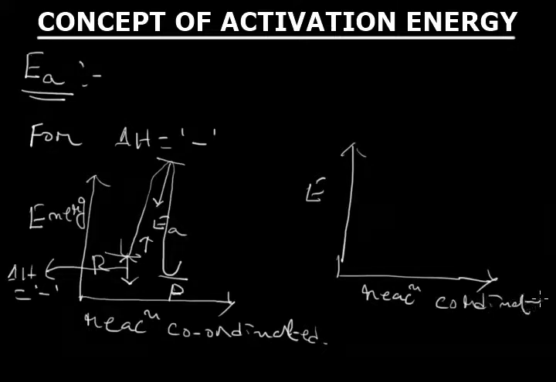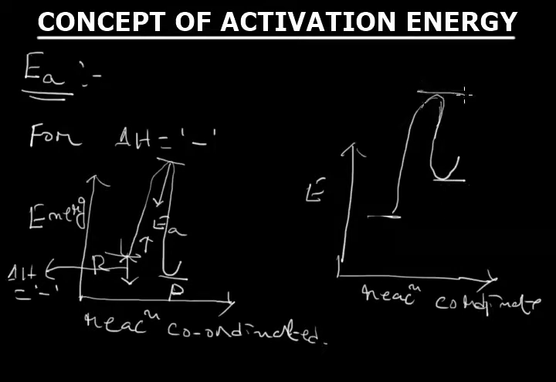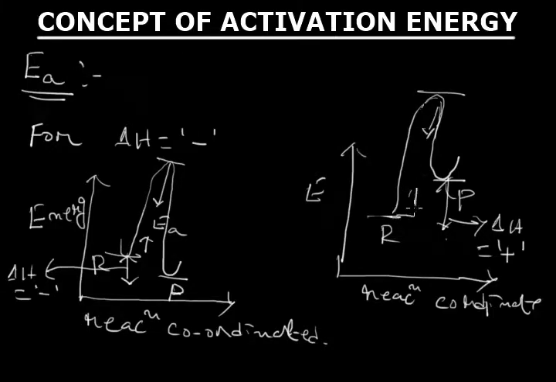The basic nature of the graph is the same, the only difference is that here the energy of the product is higher than the reactant, and this difference is delta H, and it is always positive, and the difference between reactant and product energy levels is called the energy of activation.